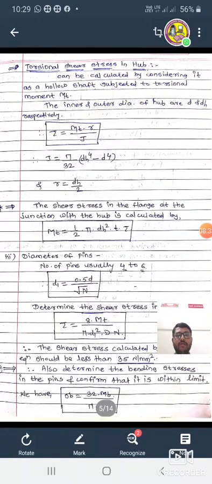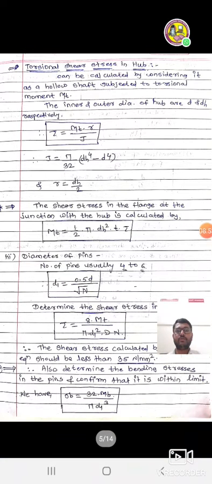Next important parameter is torsional shear stress in the hub. The hub is under torsional shear stress. It can be calculated by considering it as a hollow shaft subjected to torsional moment Mt. The inner and outer diameters of the hub are d and Dh respectively. Tau equal to Mt r by J, that is the standard equation.